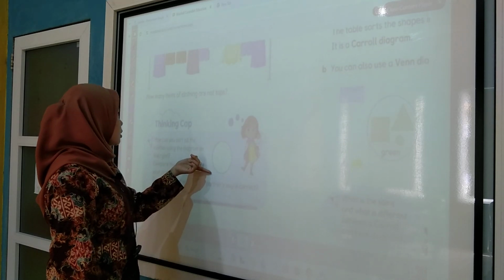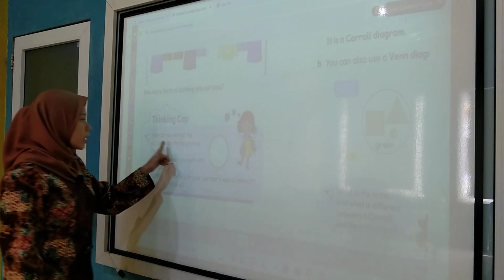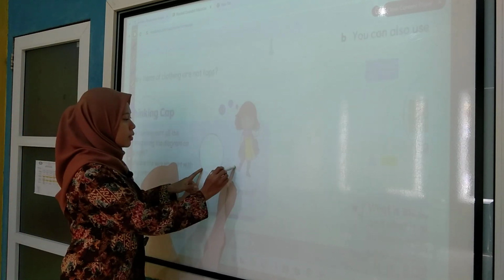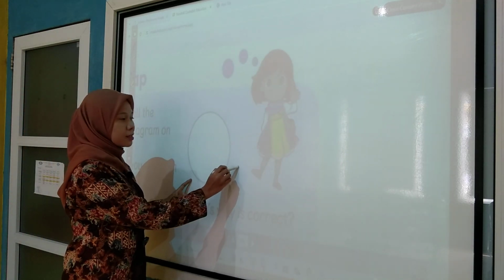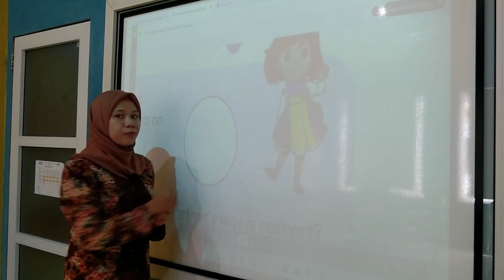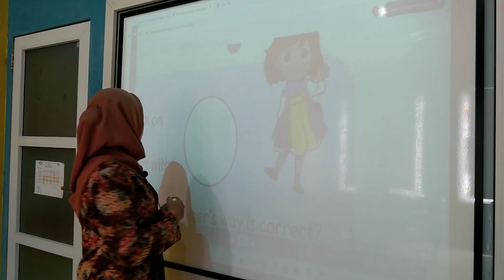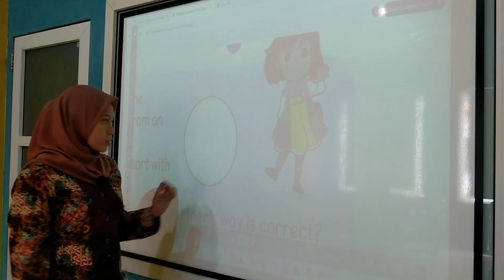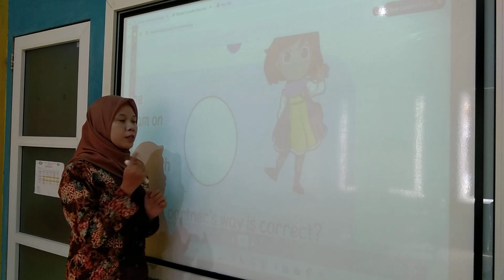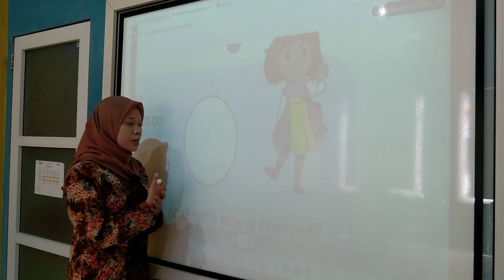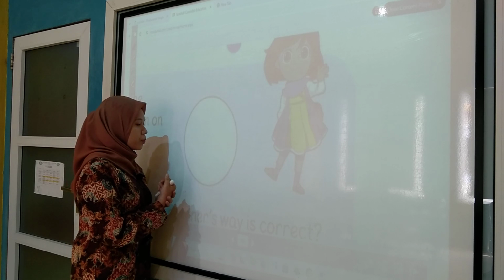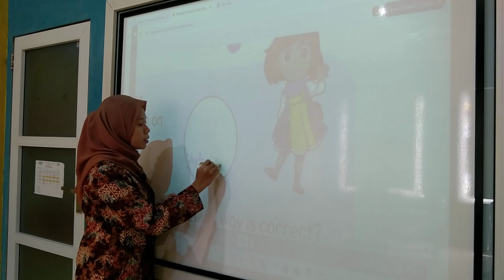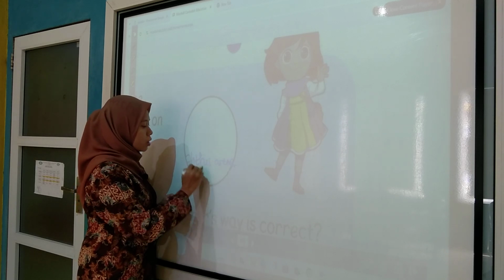And then let's continue to the Thinking Cap. How can you sort all the clothes using the diagram on the right? This diagram is a circle, so it means this is a Venn diagram. Let's use this Venn diagram to sort the types of clothes. For example, clothes that are not tops.